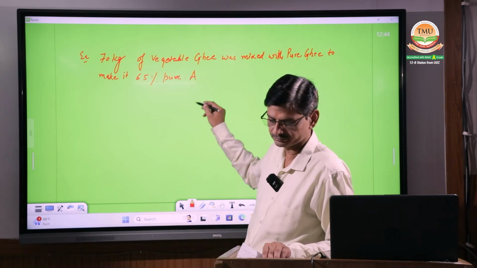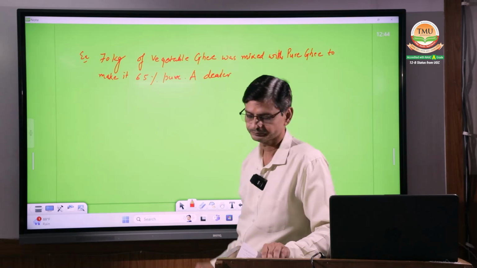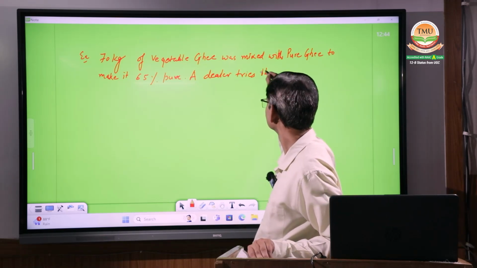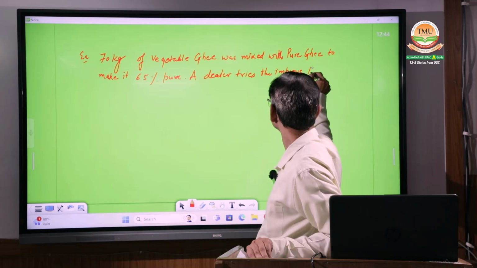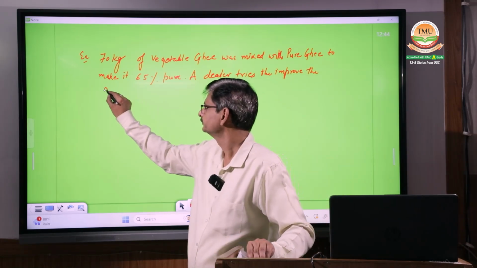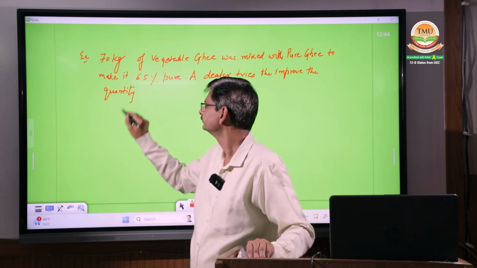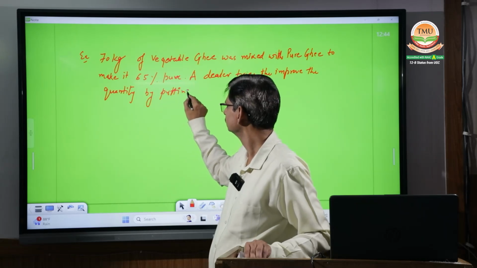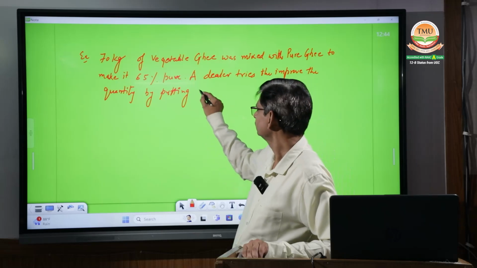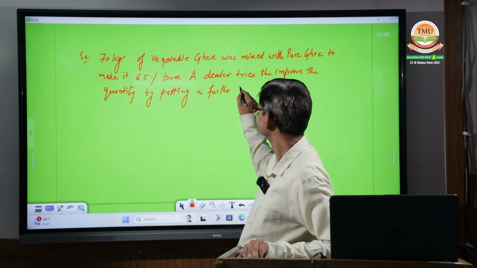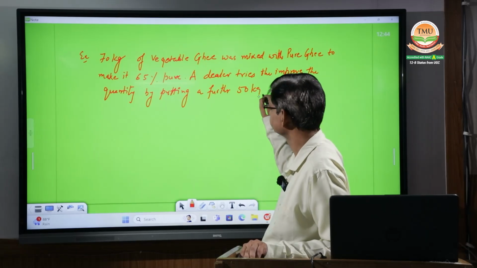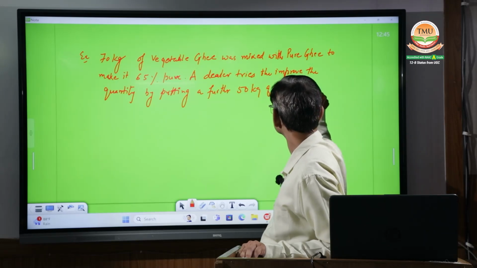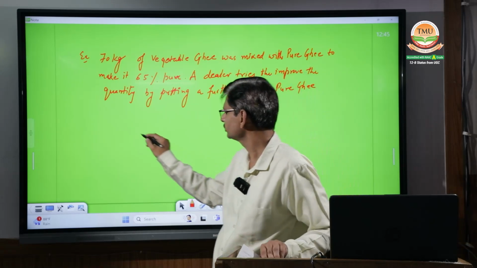A dealer tries to improve the quality by putting a further 50 kilograms of pure ghee into the mixture.